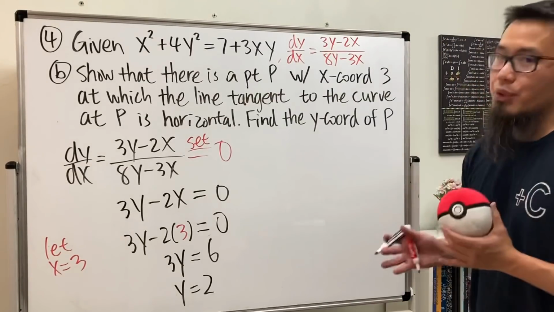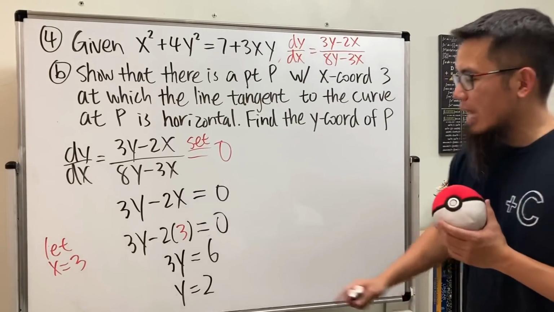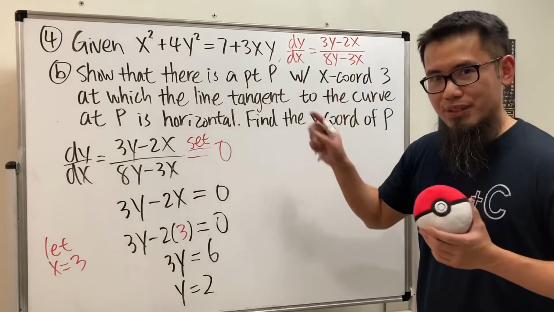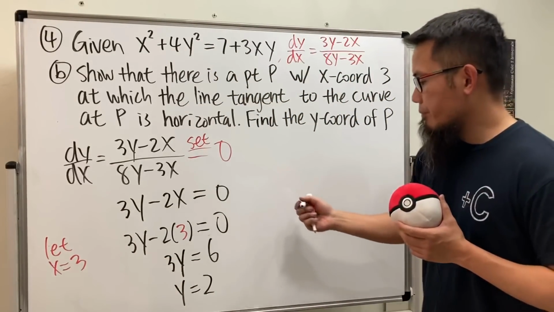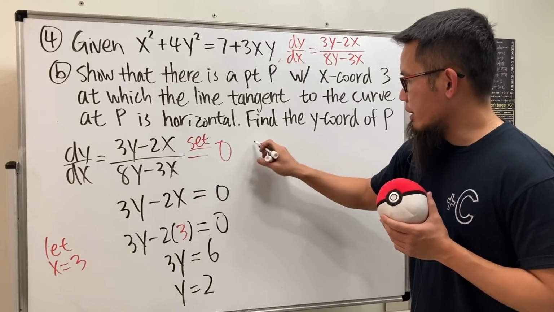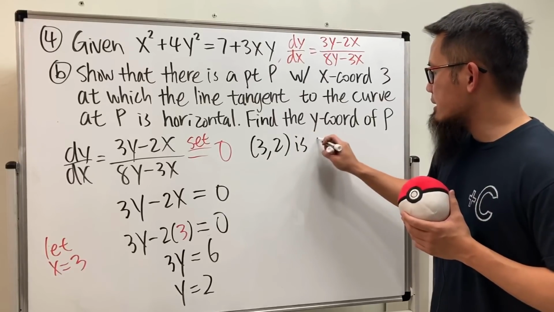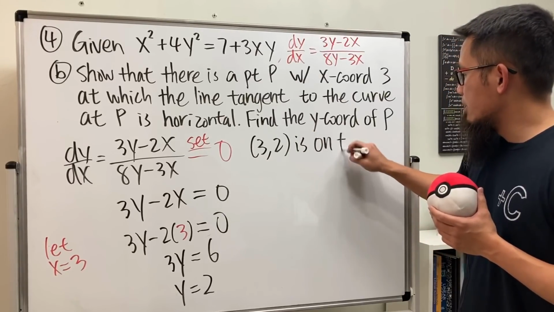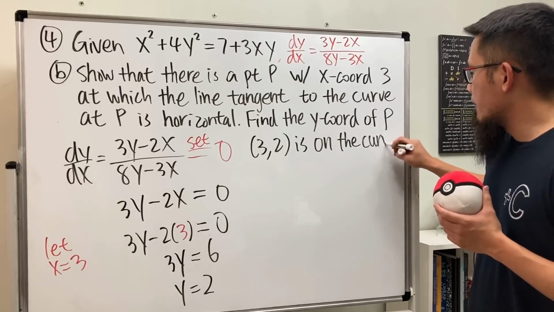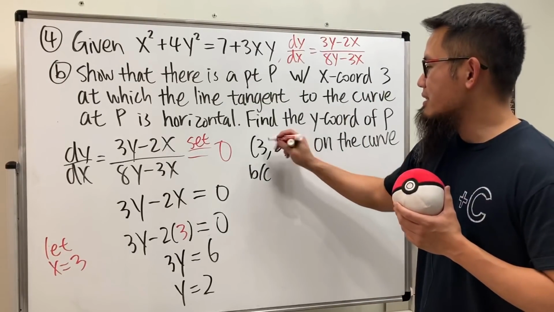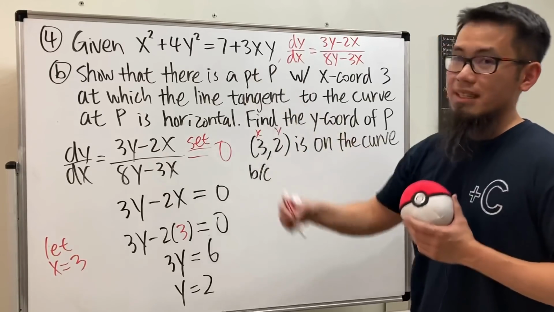But we do have to show the following though. We do have to make sure that (3, 2) is actually on the curve. So that's the key. So I'll just show that right here, right? (3, 2) is on the curve. Because, well, this is the x value, this is the y value, just plug in and just do the work.